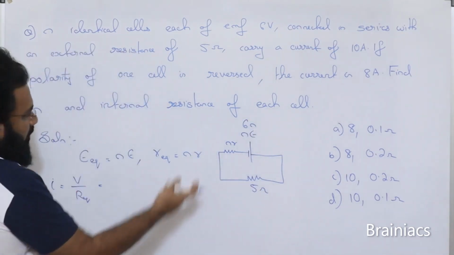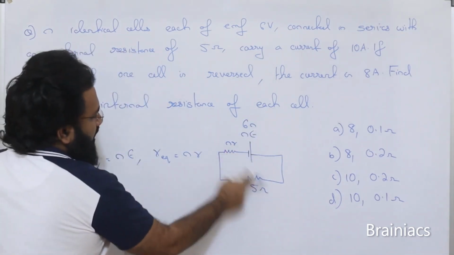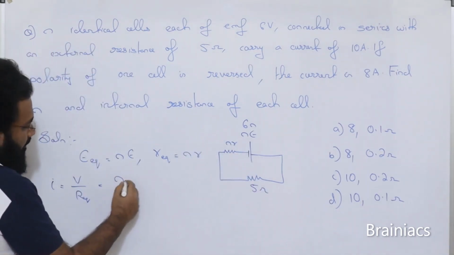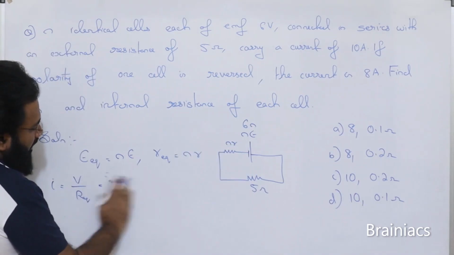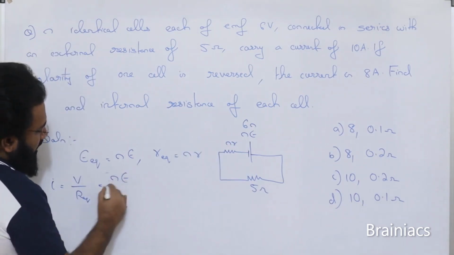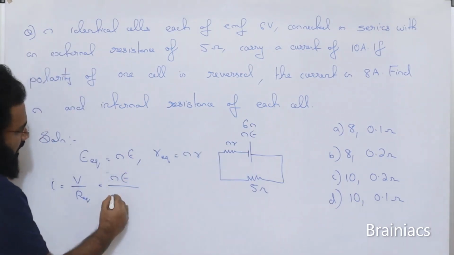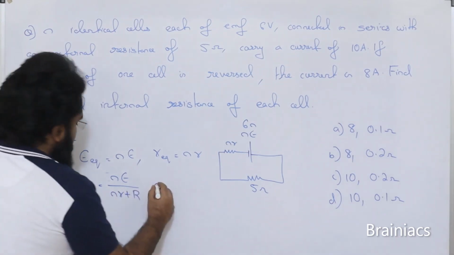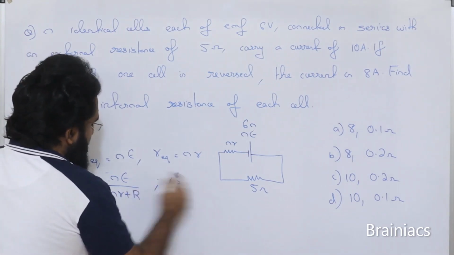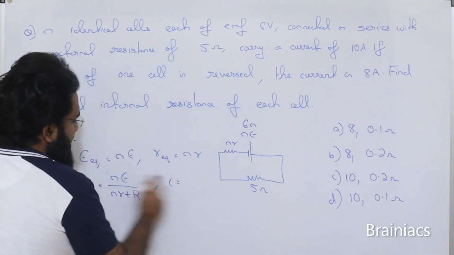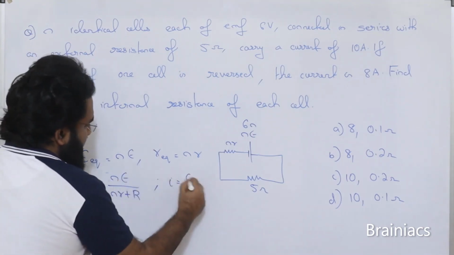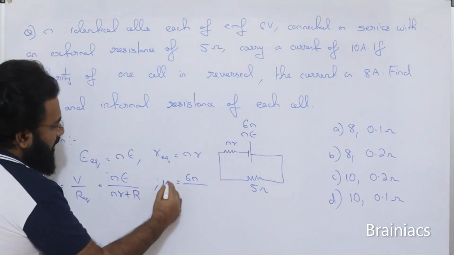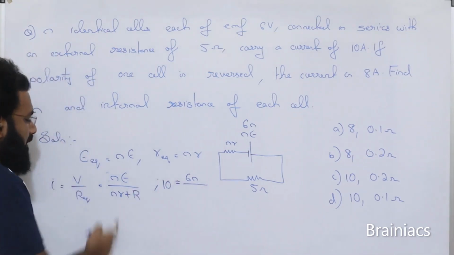Okay, this is the setup. Now I is equal to V by R, V divided by the combination of these two resistances, so I is equal to nE divided by nr plus external resistance R. So I is equal to 6n, since n is unknown and EMF is 6, divided by nr plus 5, and the current is given as 10 ampere.